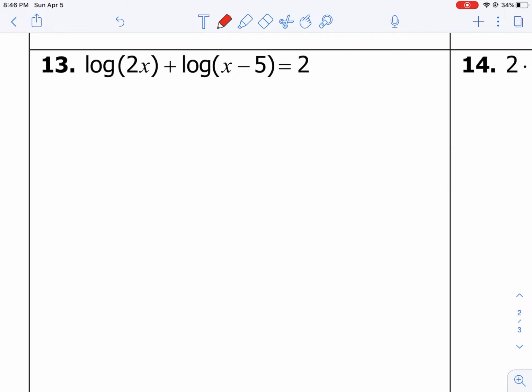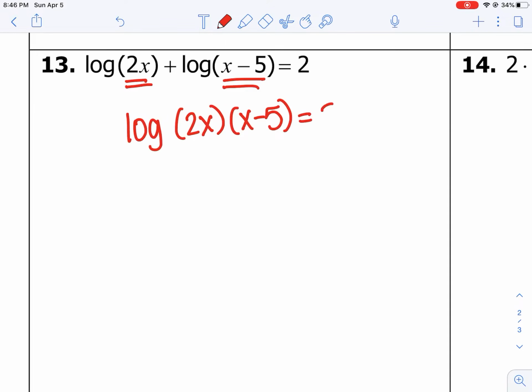13. We are going to have to condense here. Remember, if you have the same base, which this is log base 10, and you are adding, you can multiply those. So this is going to be log of 2x times x minus 5. You do want to make sure that you distribute here. So distribute your 2x to the x and to the minus 5.